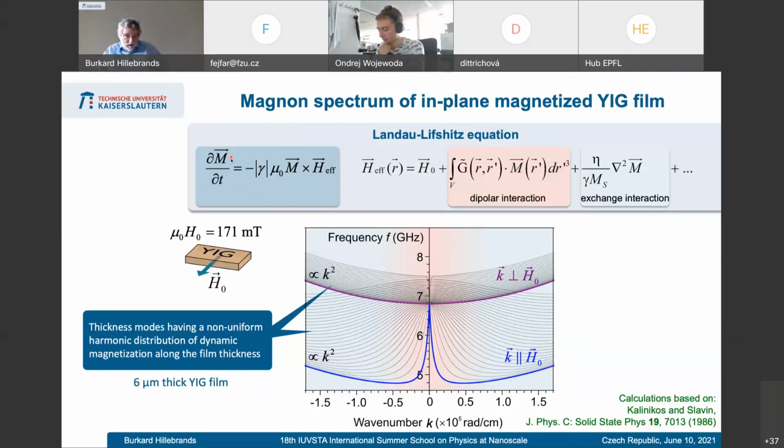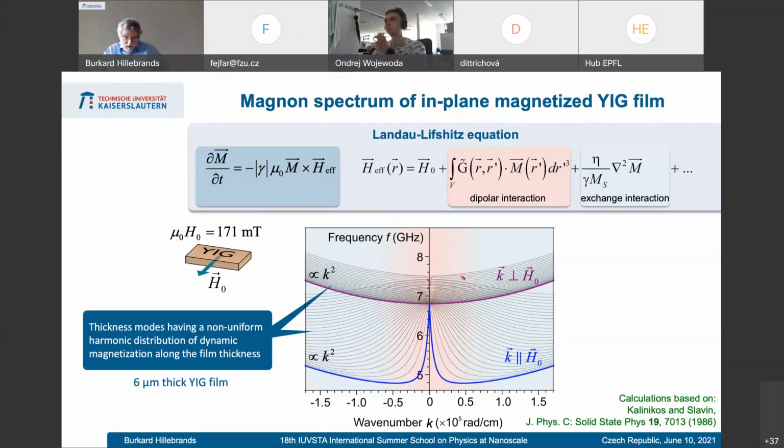And if we plot this curve here for the different geometries, we get all this spaghetti of modes. Shown is it here for the wave vector parallel to the field, so the backward volume mode geometry, and for the wave vector perpendicular to the field for the surface mode geometry. And of course, you can have all wave vectors in between. This goes, of course, continuously.